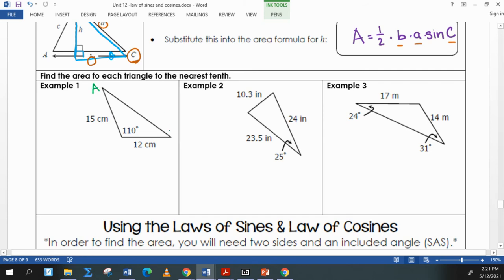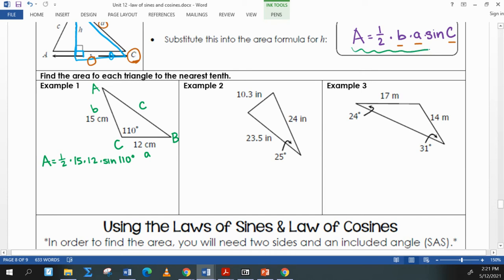So let's go ahead and do this. We're just going to call this A, B, and C. So this means that across from angle A is little a, across from angle B is little b, and across from angle C is little c. All right, now we're just going to plug in our values right here. So this area is equal to 1/2 times little b, which was the 15 here, times little a, which is the 12 here, times the sine of angle C, which is 110.